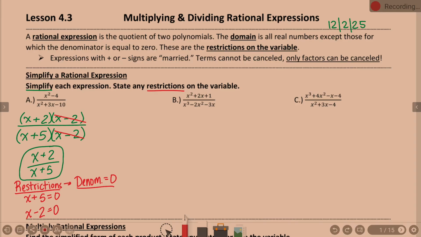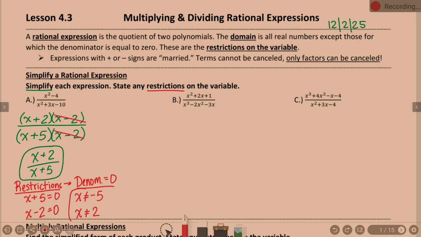When we solve those, if it's x plus 5, what's going to happen? Subtract 5 to the other side and you'll get x equals negative 5. In reality, you know what that is though? X cannot equal negative 5 because negative 5 is a place that would make that denominator equal to 0. Same thing here. If it's x minus 2, add the 2 over, you get x equals 2. In reality, that's what?